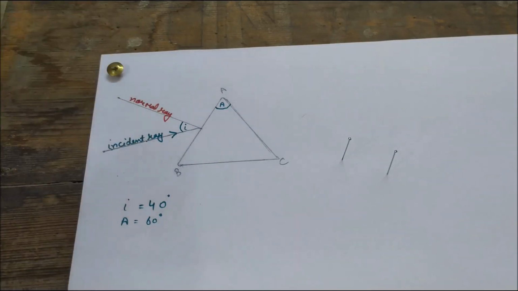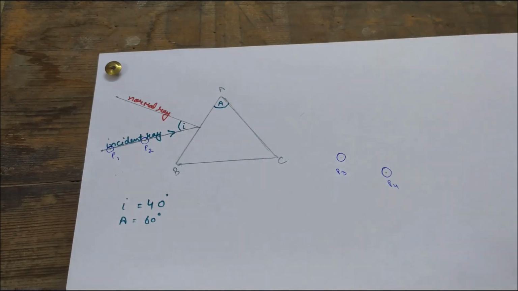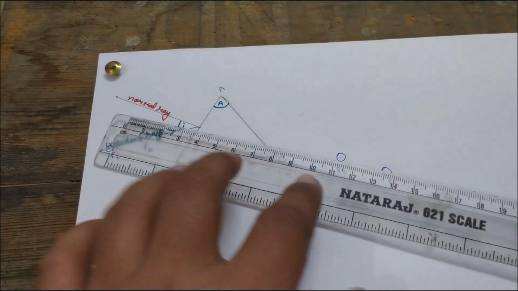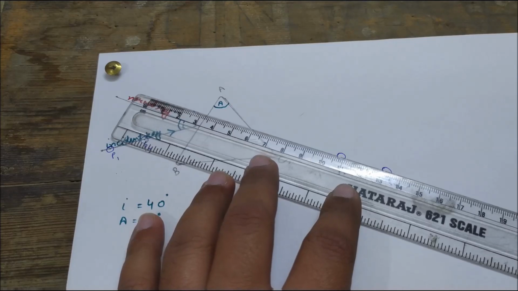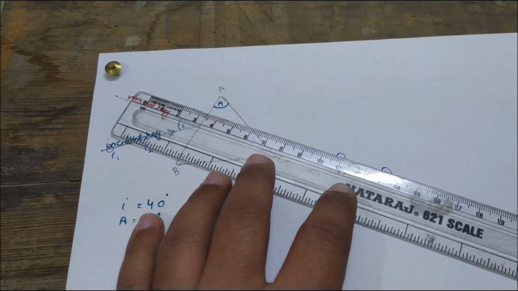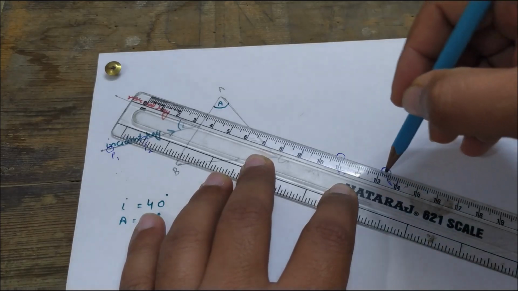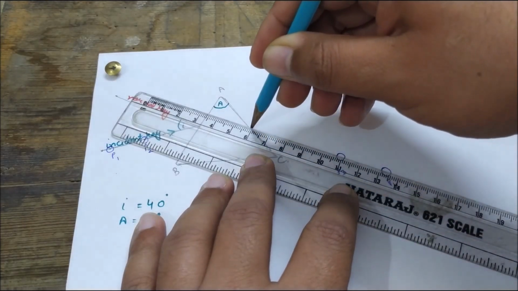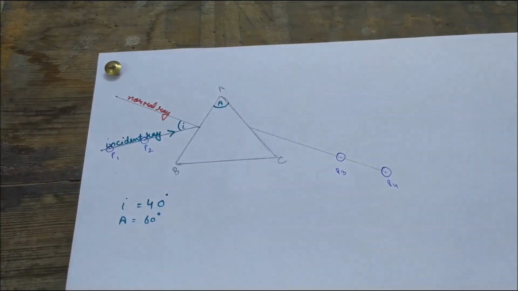Mark the locations of the pins and name them P1, P2, P3, P4. Draw a straight line passing through these two points, intersecting the boundary of the prism at AC. The ray so obtained is called the emergent ray.